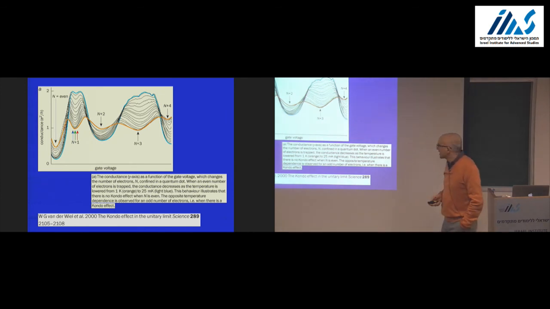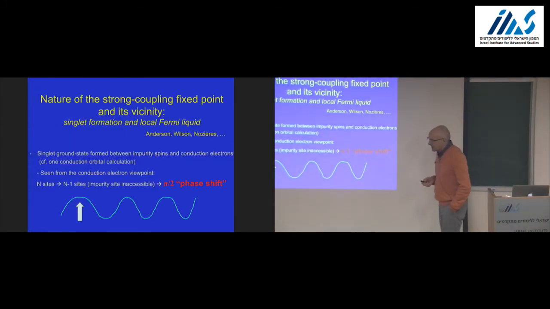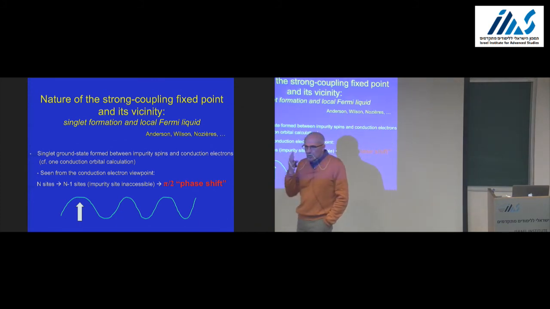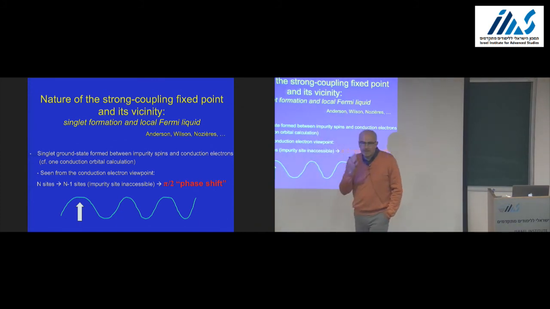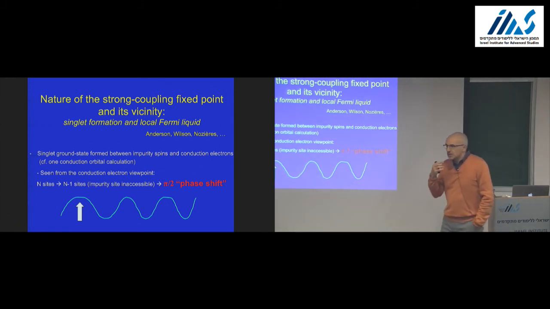So the thing I want you to take home from this is that there is this Kondo screening of the local moment into a singlet state, and that V is a singular perturbation.